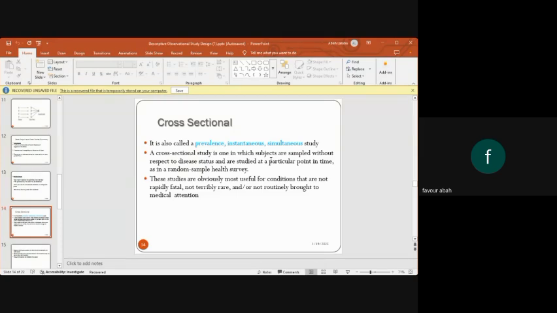So these studies are obviously most useful for conditions that are not rapidly fatal. So not terribly rare, use it for conditions that are not rare, unlike the case reports and the case series, and are not routinely brought to medical attention.